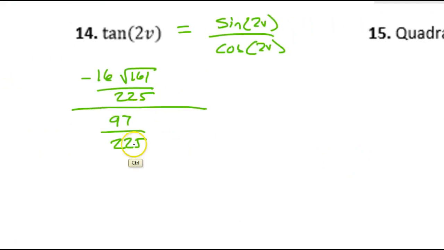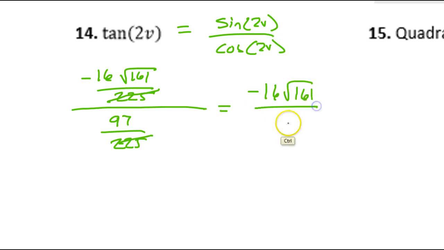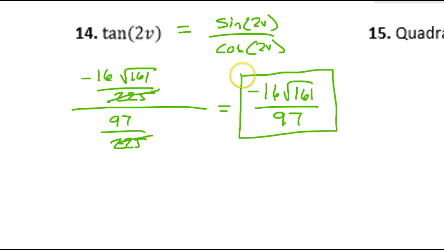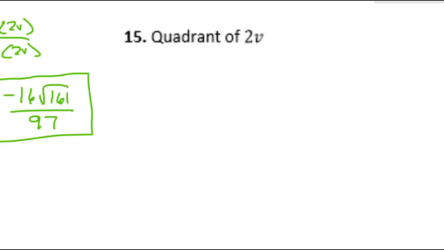Alright, luckily the denominators are the same because that means I can simply cross them out. And that just leaves behind the numerators of negative 16 radical 161 over 97. And that will be the final answer.